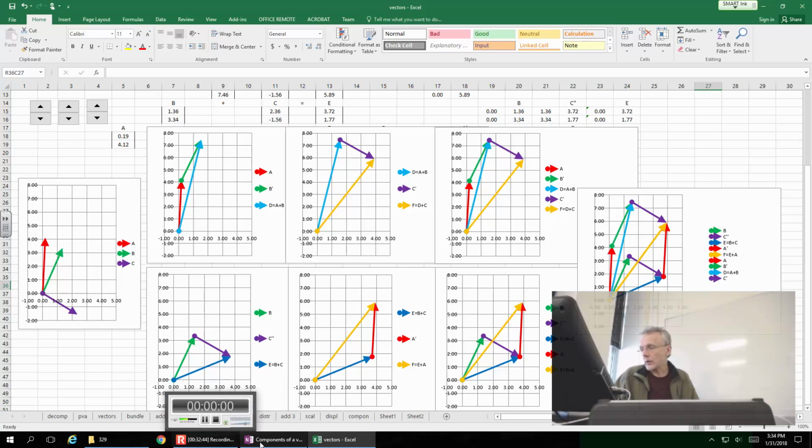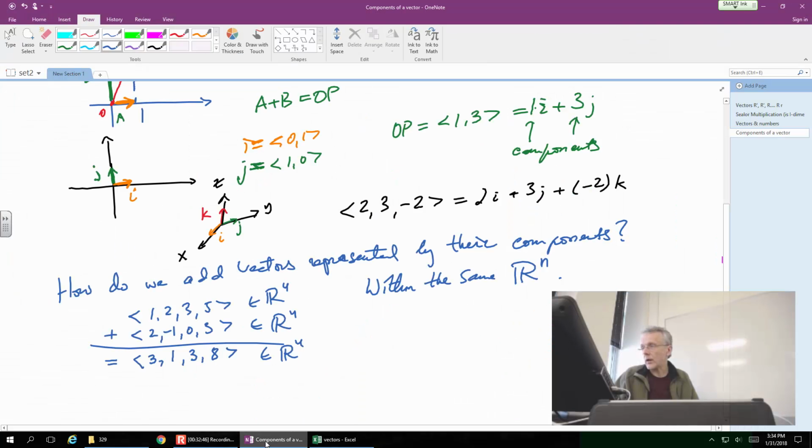Just to illustrate how it works: it works based on the commutativity and then associativity properties of numbers, right? So let's do commutativity.